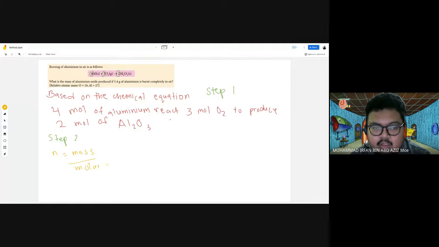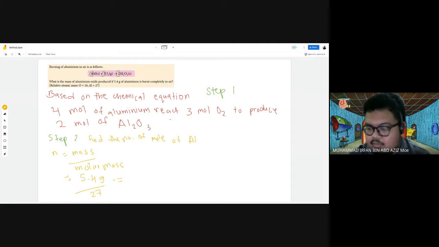Okay, kalau tengok dekat sini berapa mass dia? Okay, find the number of mole of Al. So, mass over molar mass. 5.4 gram divided by 27.